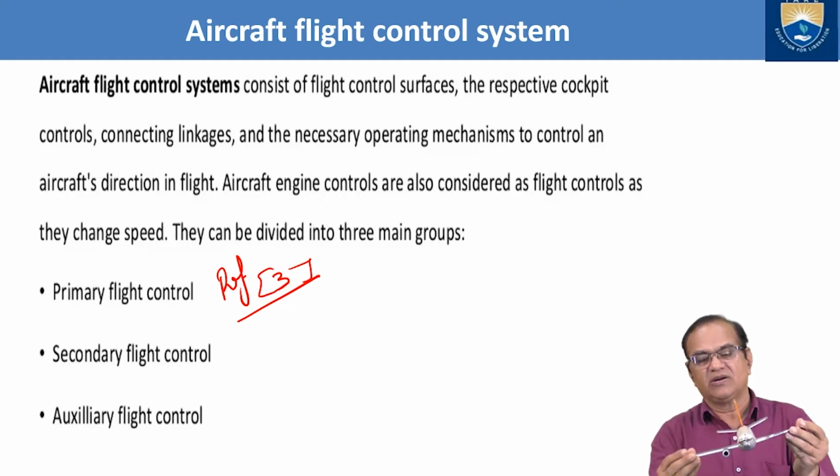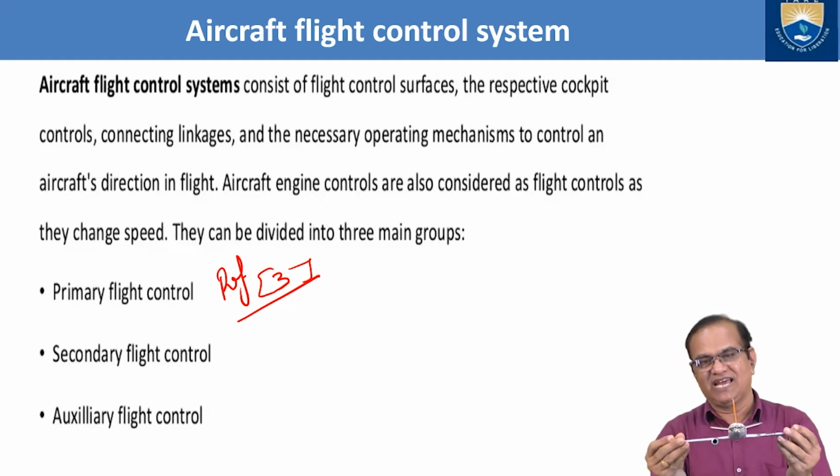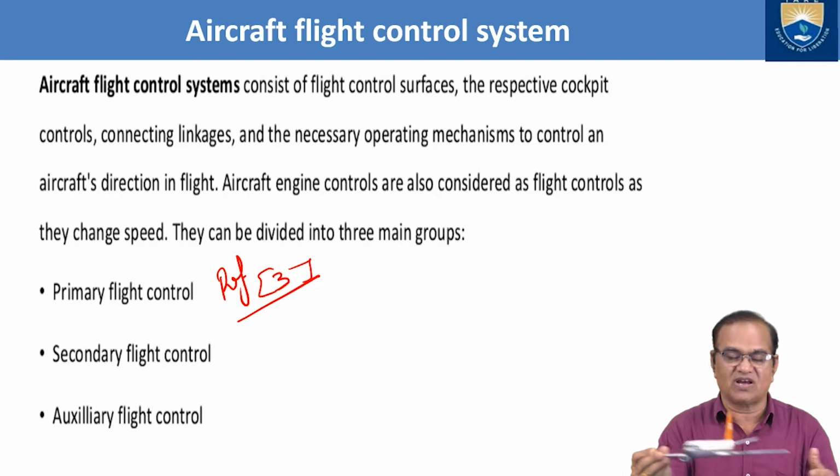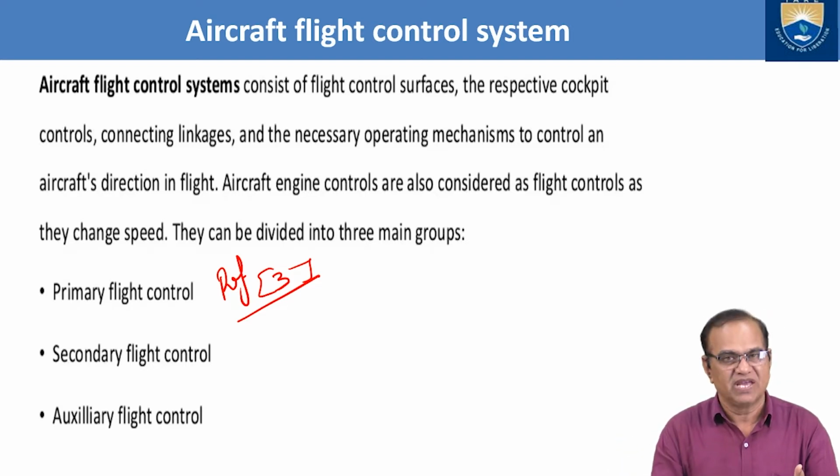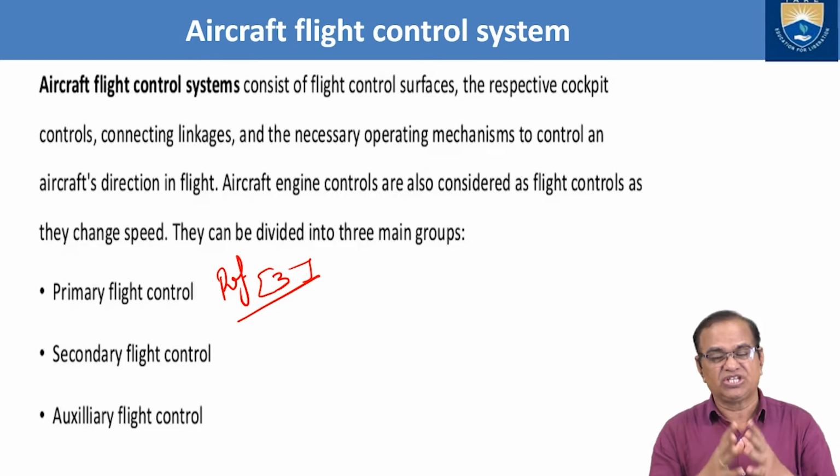Here more, here less, and the aircraft will roll like this. So these three things, elevator, rudder and ailerons, are the primary controls of the aircraft.